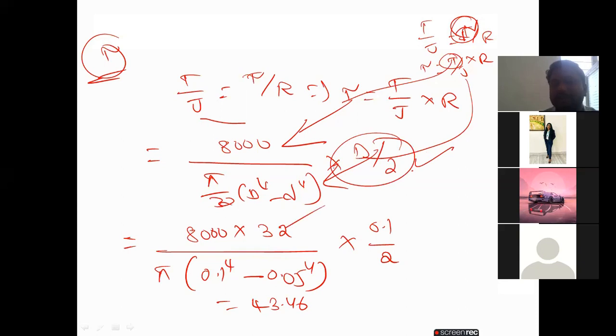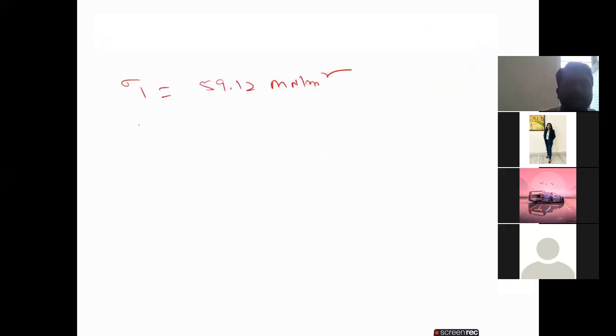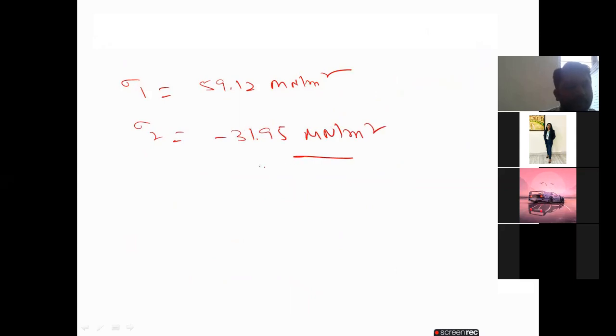I substitute all the values and we got tau as 43.46. So now sigma 1 we got 59.12, sigma 2 we got minus 31.95 mega Newton per meter square. This is the concept behind the calculation of principal stresses.